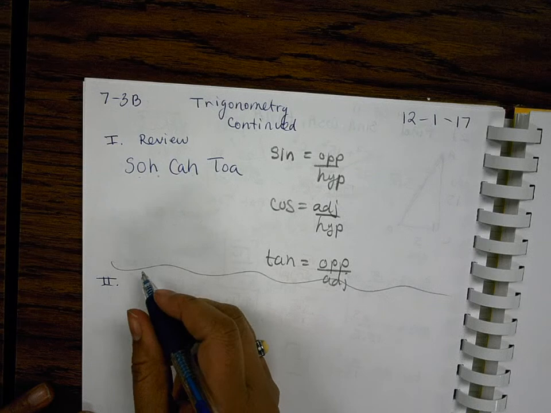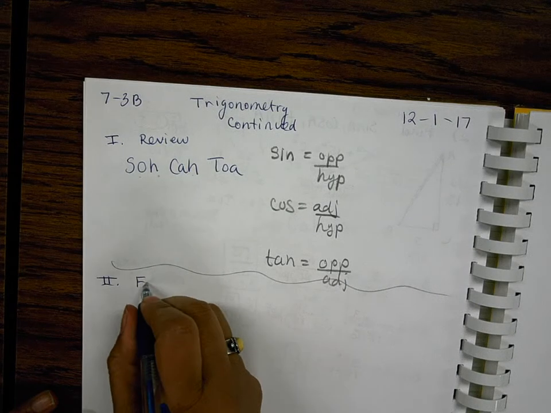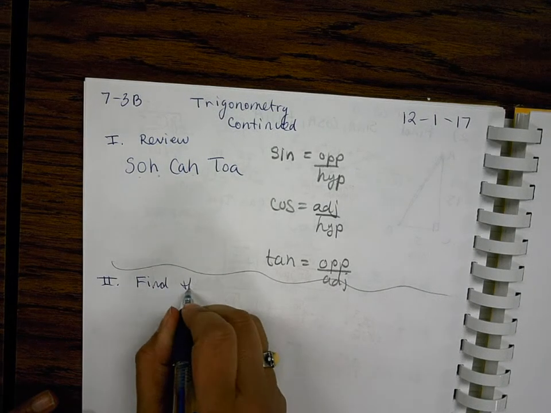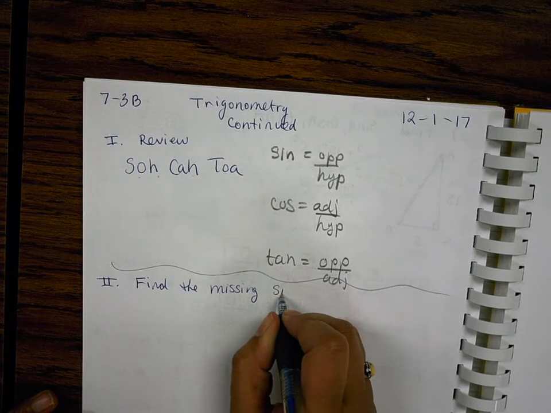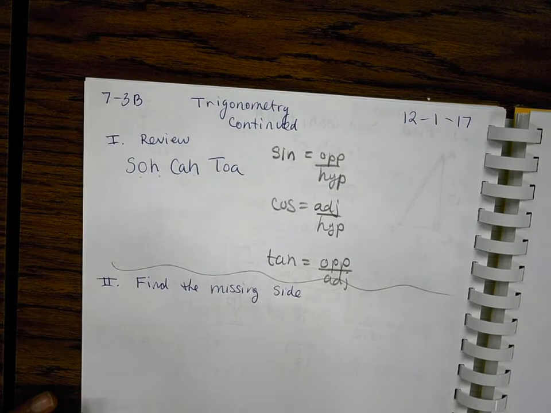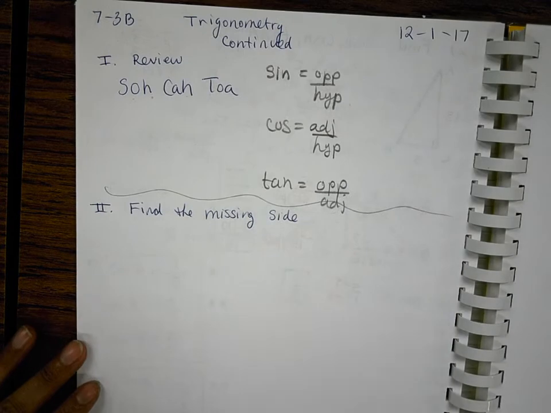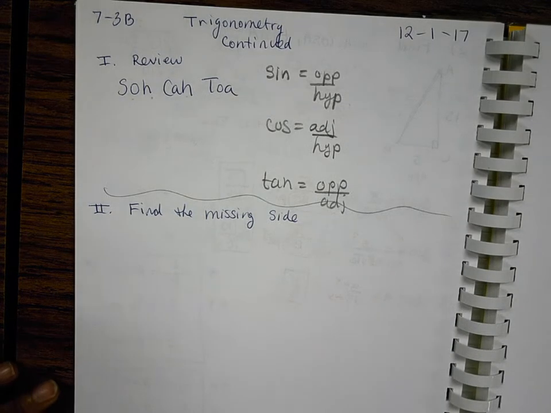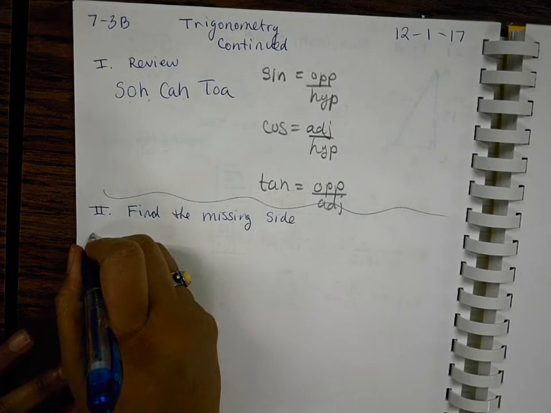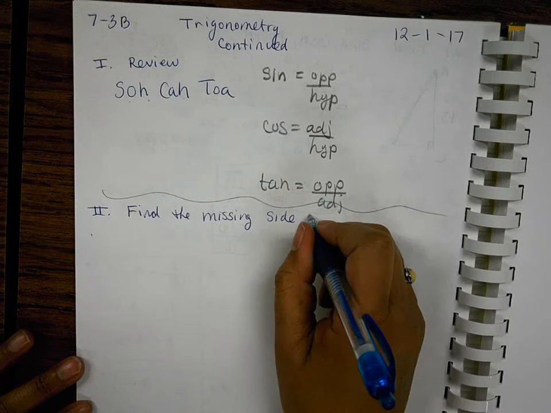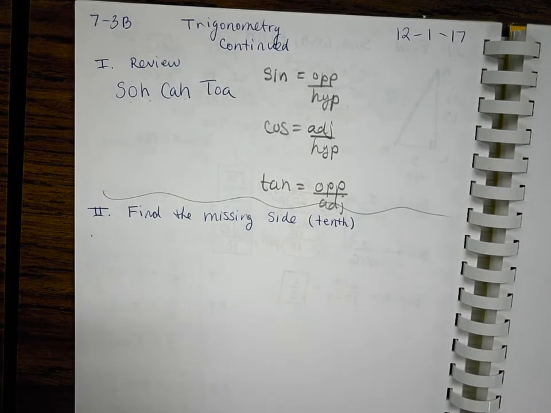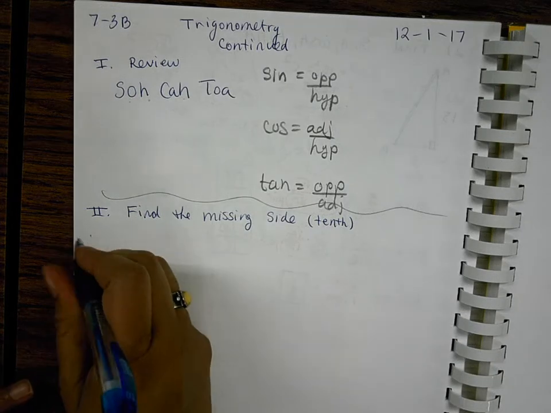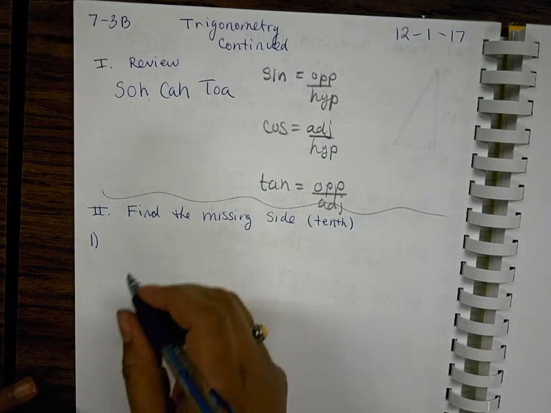Part 2, find the missing side. And I'm going to put in parentheses here, round to the nearest tenth place. Okay, number 1.